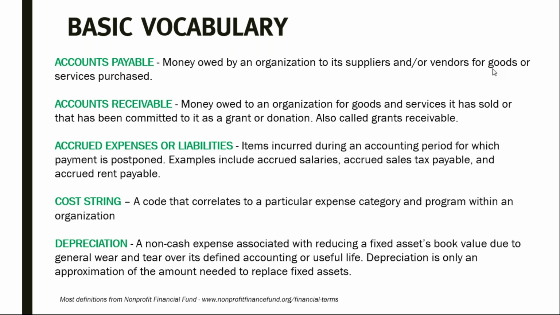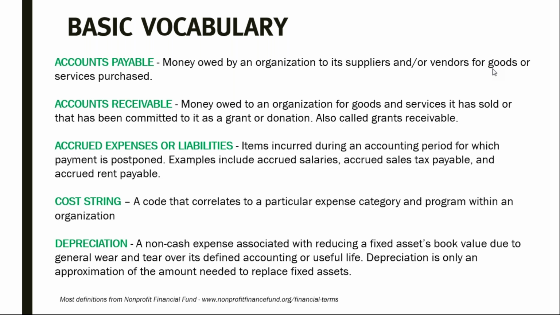Another important term is accrued expenses or liabilities. This is a case where you may have budgeted for something in a particular budget cycle, but won't actually pay for it until another yearly budget cycle.